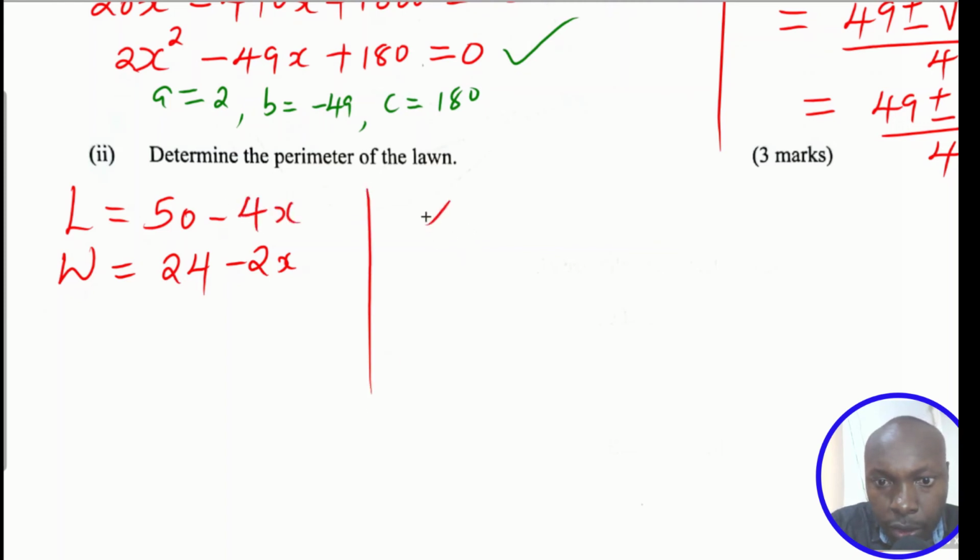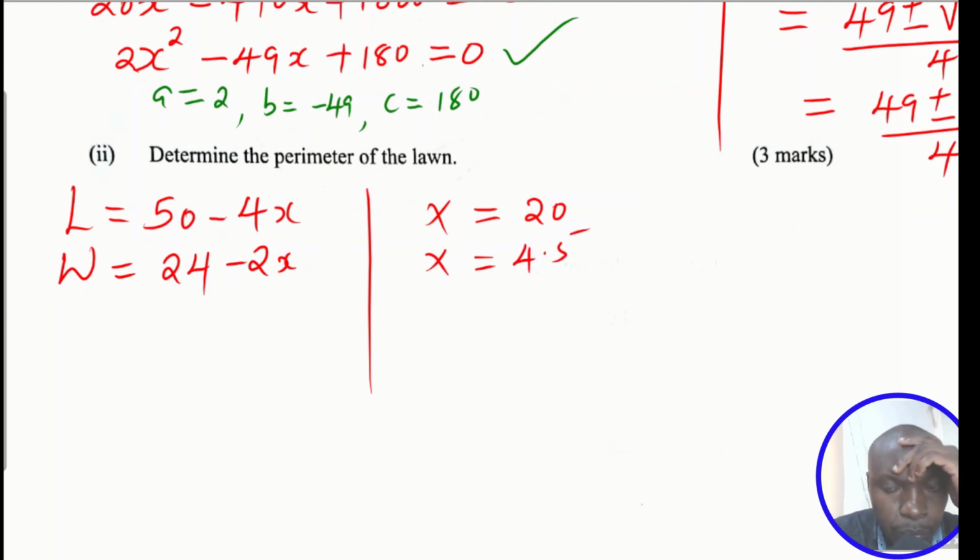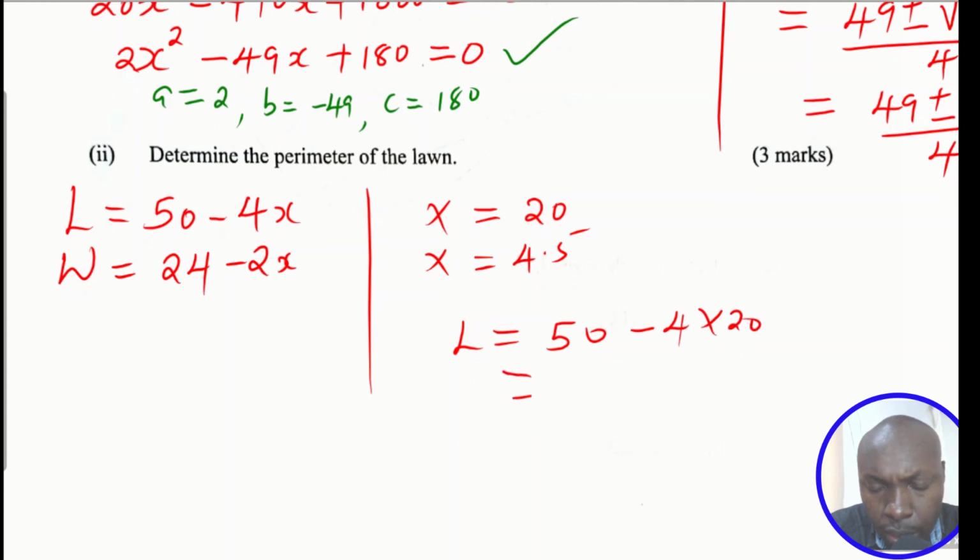And then we have the values of x. The first one is 20 and the second one is 4.5. Now between these, we're supposed to be very careful to know the one that you're going to apply here. If I use for instance x is equal to 20, the length would be 50 subtract 4 multiplied by 20, which is 50 subtract 80, and this will give negative 30.